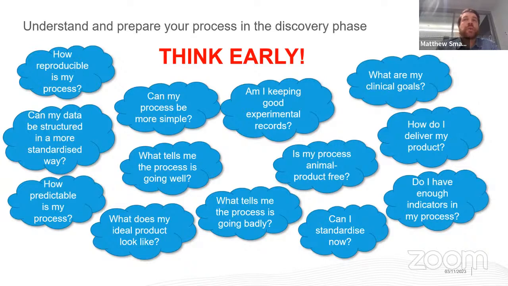It also will help speed up your development if you can shorten certain outputs. So if you can optimize your starting material, for example the cells you're using, or maybe your vector manufacturing, it'll help you to do much more development more quickly, more screens, more optimization, if you've got reliable in-process indicators about what the end product is going to look like.